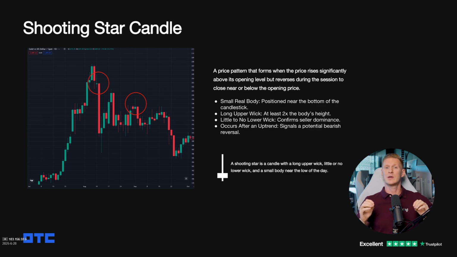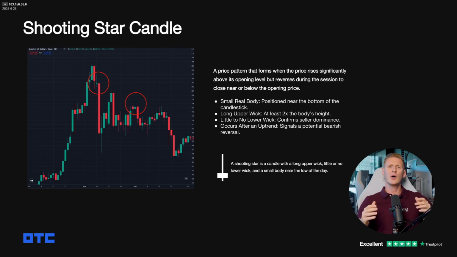Its key characteristics include forming after an uptrend, a small real body near the bottom of the range, and a long upper wick, at least twice the size of the body. This long wick represents buyers who pushed prices higher but ended up in losing positions as sellers erased those gains.